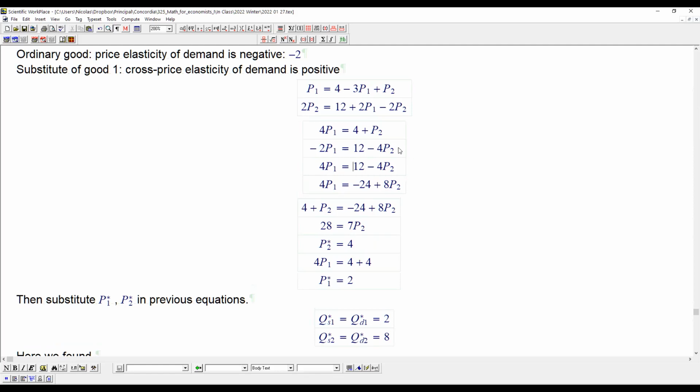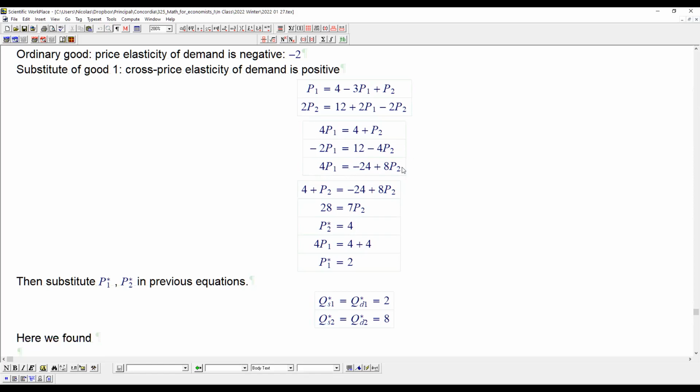Times minus 2, I get minus 24. And times minus 2, I get plus 8. Does that make sense? And then with this, I get 4P1 and 4P1. Of course, there's no one way to do it. You do it the way you like. Maybe there's some other variable you'd like to get rid of. So here I got rid of the P1 this way, but you can get rid of P2.